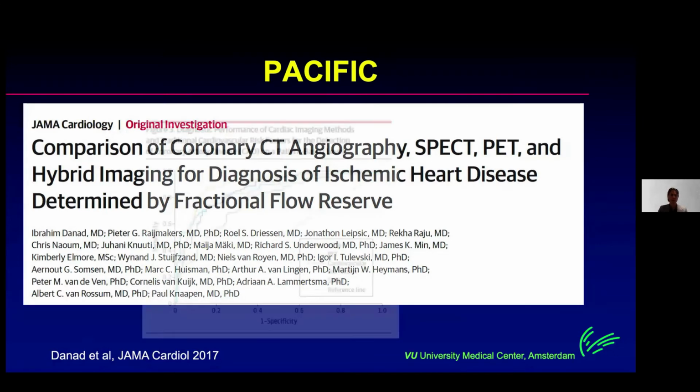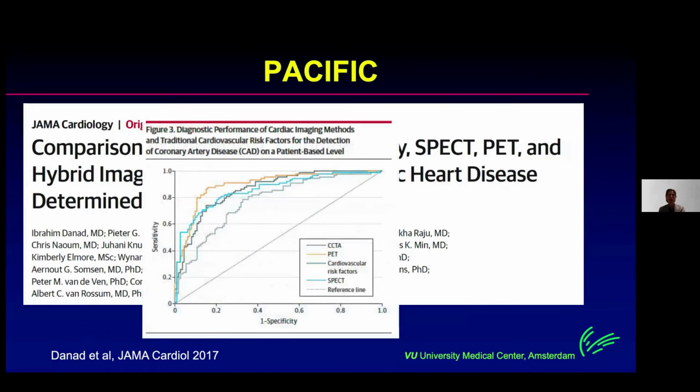So this is the paper, and what we found out is that if you did PET up front, that had the highest diagnostic yield, and that SPECT and CT had pretty much the same diagnostic yield. Obviously, PET is not available for the majority of patients that we refer, nor do you get any anatomical information.